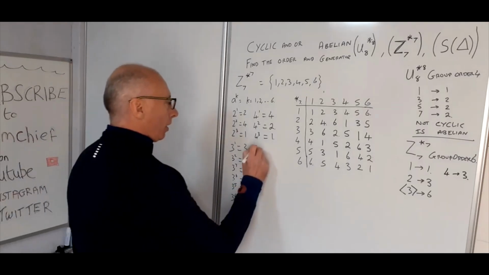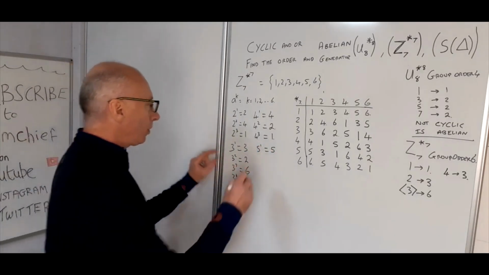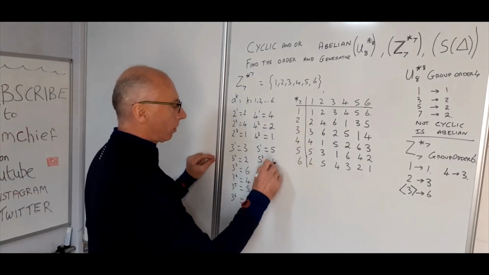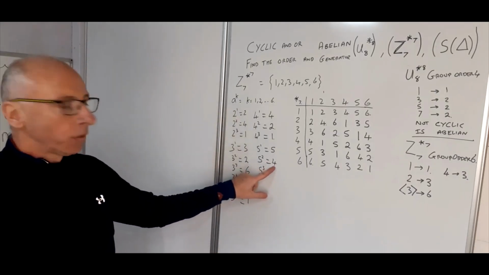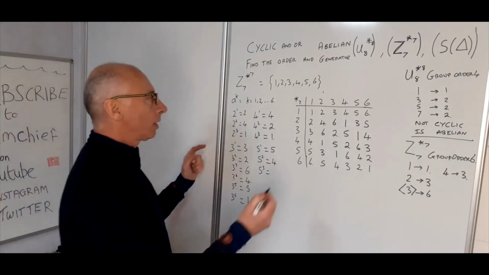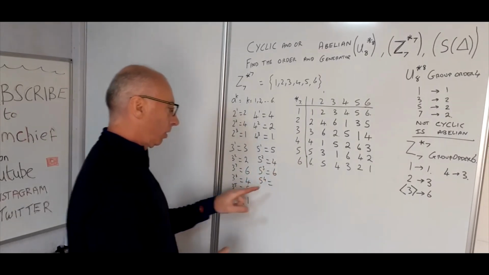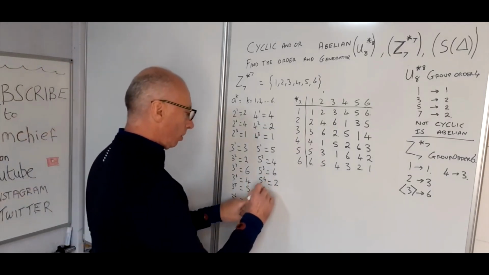Okay, what about 5? 5 to the 1 is 5. 5 to the 2 is 25. Modulus 7 gives us 4. 5 cubed. Again, use this 4 here. 4 times 5 is 20. Modulus 7 is 6. 5 to the 4. 6 5s are 30. Modulus 7 gives us 2.